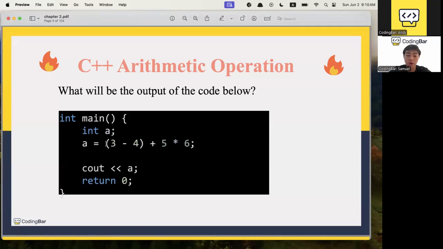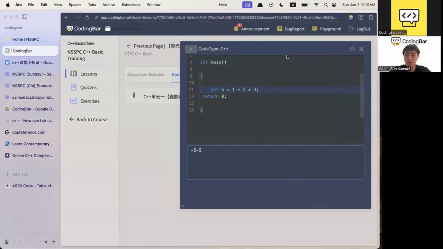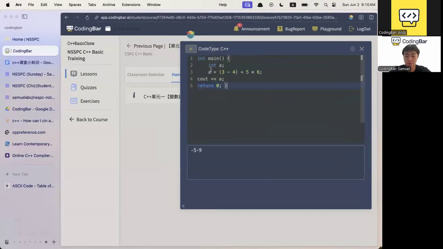That means this will output minus 1 plus 30, which is 29. Let's try run it in the playground. Yes, it's 29.